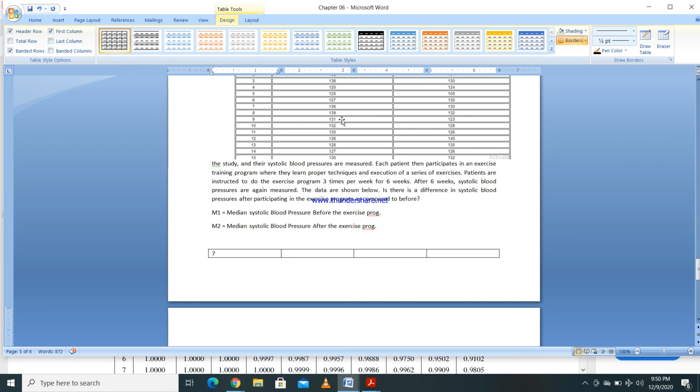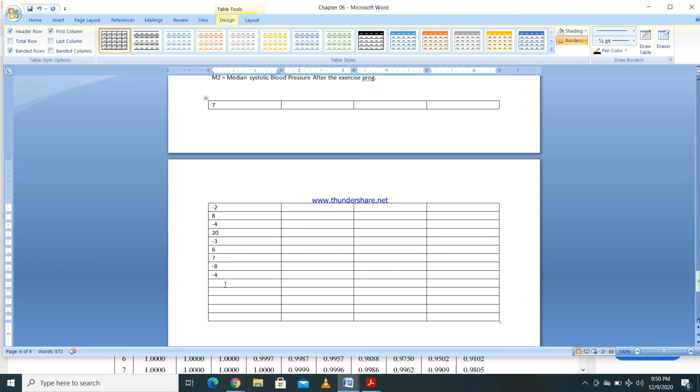In this case, 131 minus 123, that should be plus. 132 minus 128, that is plus 4. Then 135 minus 126, right? Again plus 9. So this should be plus 9. This should be plus 4, plus 8.